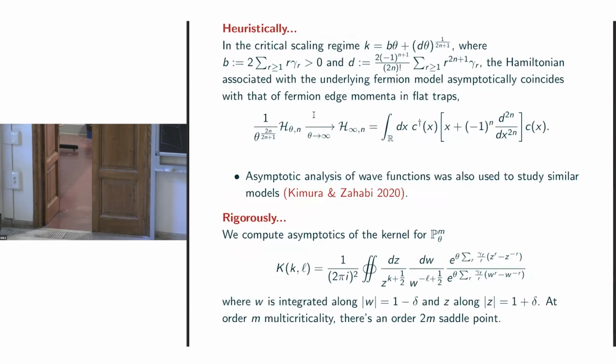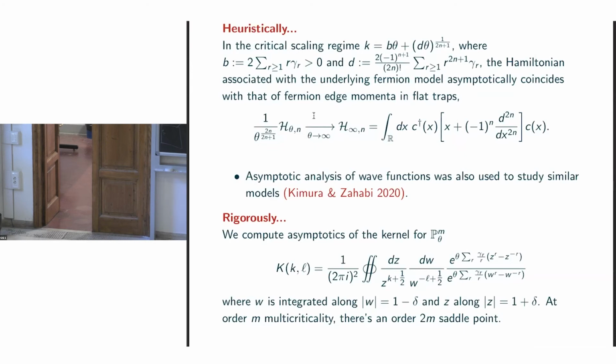And this is also around the same time, or the same week, I think, we put a paper on the arXiv. Someone else did a similar analysis: Kimura and Zahabi looked at the wave functions associated to a discrete Hamiltonian and found suitable ones that correspond to the higher order Airy kernels in that limit.